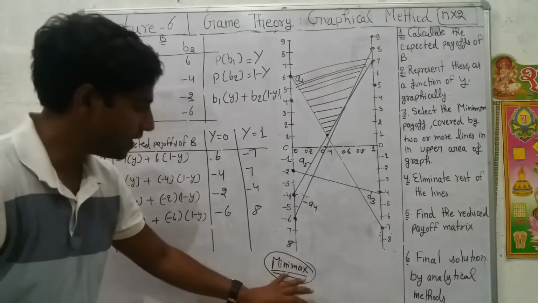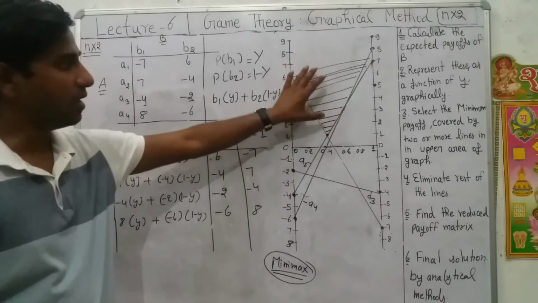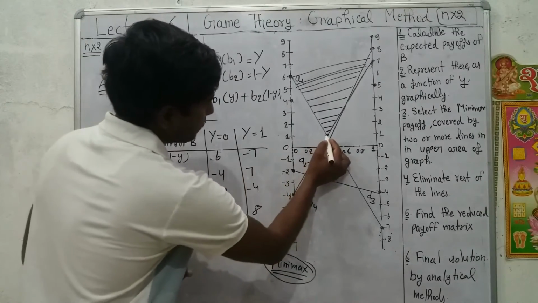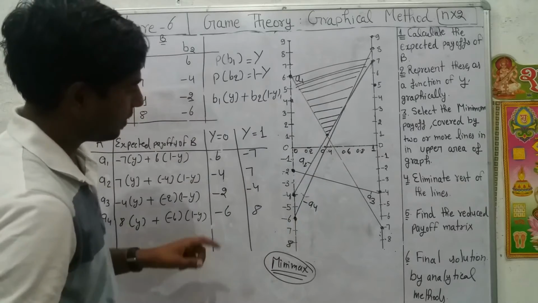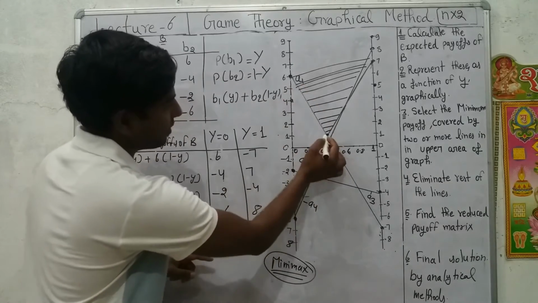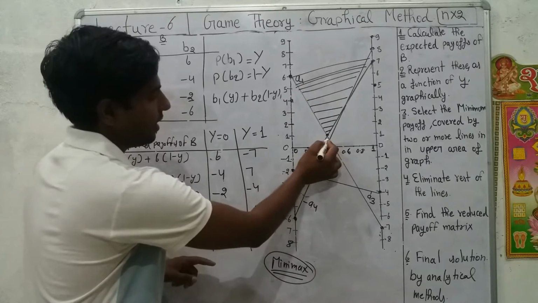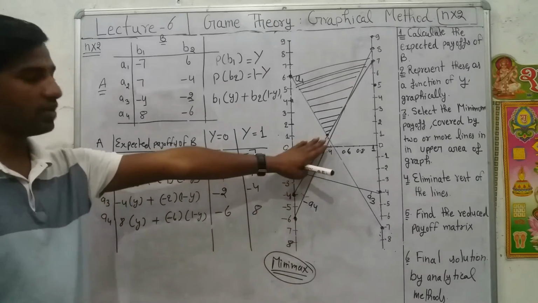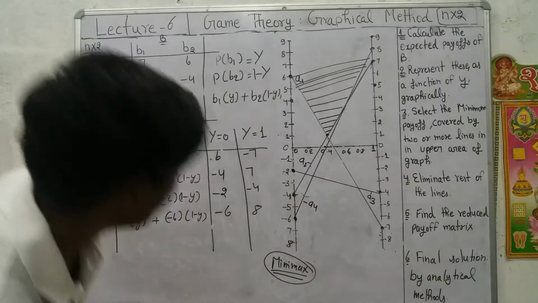Then go to the minimum point of that covered area. The minimum point is this one, and this point is formed by A2 and A1 crossing. It is at the intersection of A2 and A1. So in this way we found the minimax point for company B.